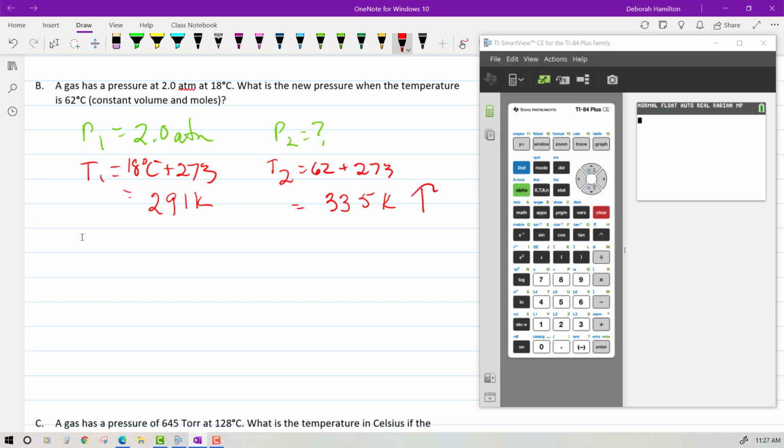So let's set up our formula: T2 over T1 is going to be equal to P2. Now let's substitute. We have 335.